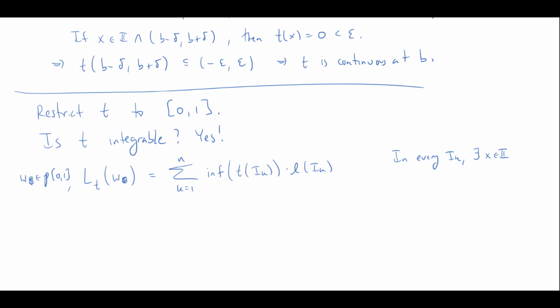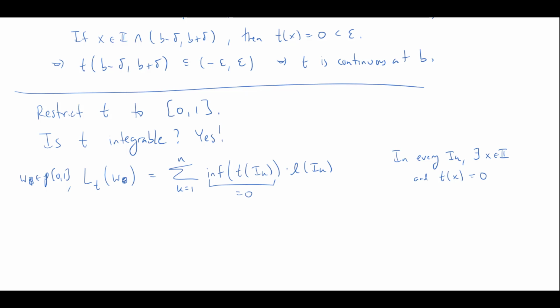This is, again, the density of the irrationals at play. But if you apply t to x, you get 0. So, of course, there's nothing smaller than 0 in the image of t. So the infimum is actually going to be the minimum of t. This is going to equal 0.